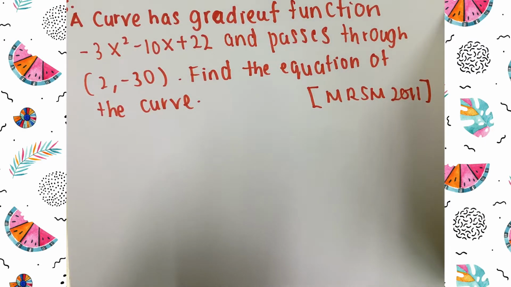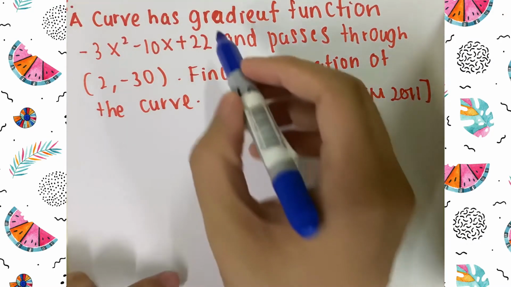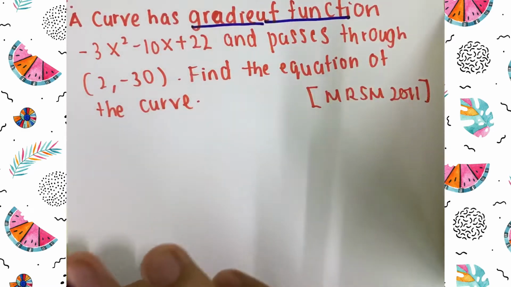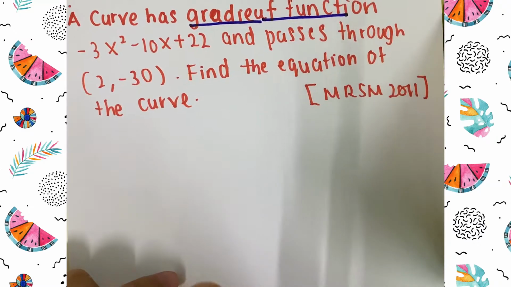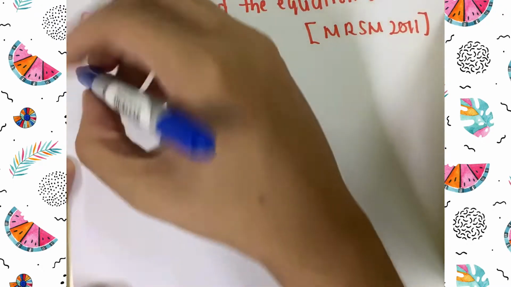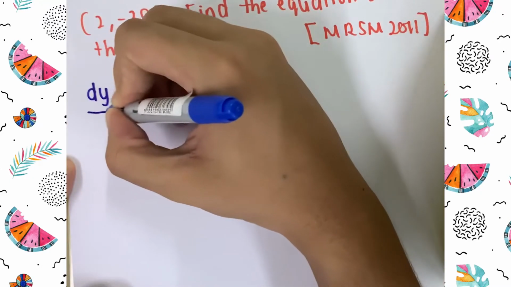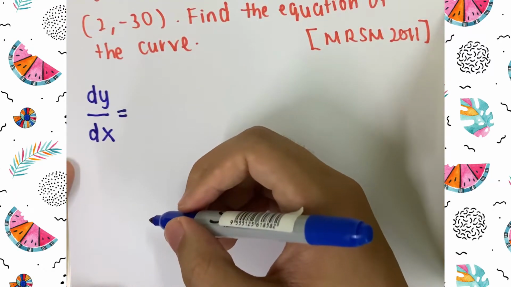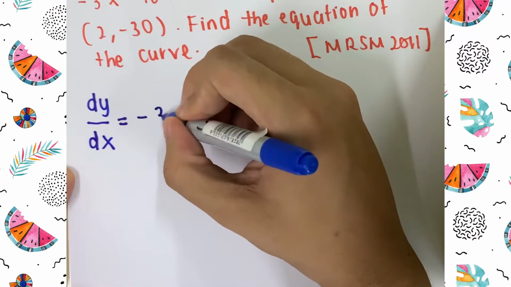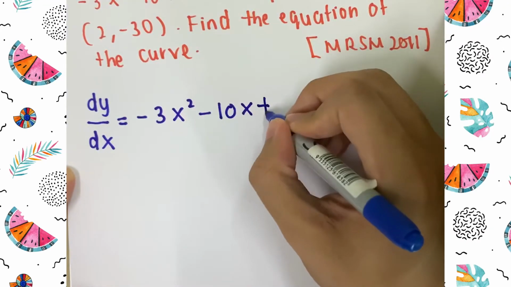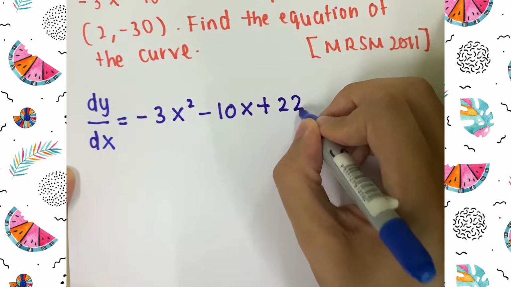You have to identify what is gradient function, because this keyword is so important. Gradient function is dy dx. You have to know gradient function dy dx equals negative 3x squared minus 10x plus 22.